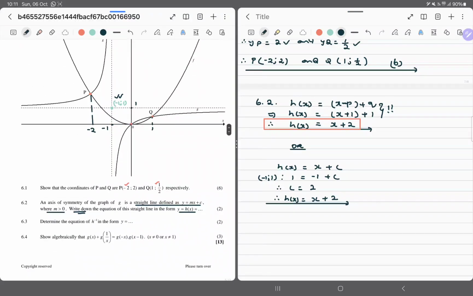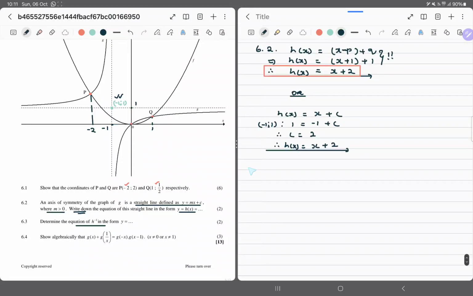Okay, now we're told to determine the inverse in the form y equals, very easy also. The inverse of h is such that x is equal to y plus 2. Remember, we switch x and y.